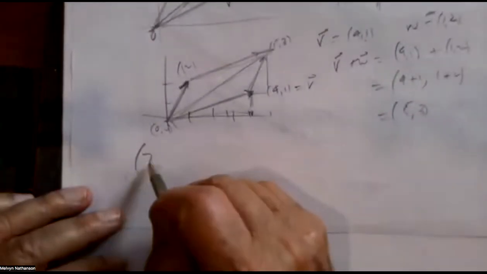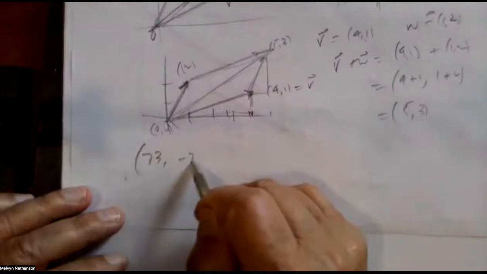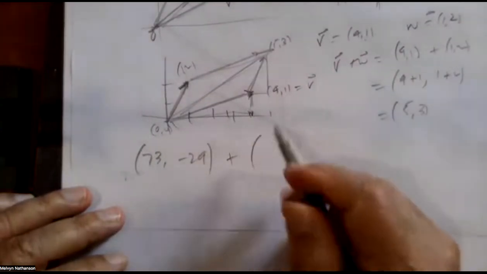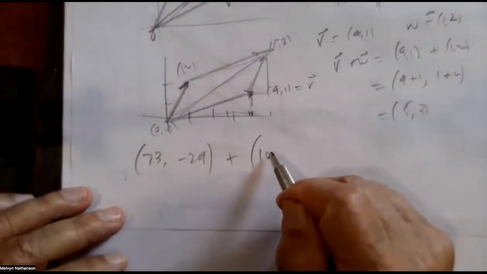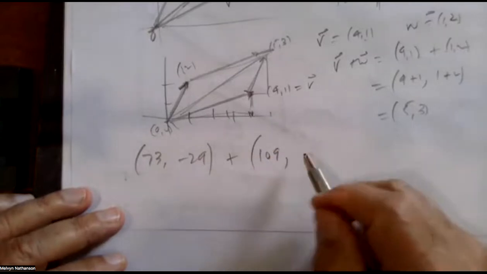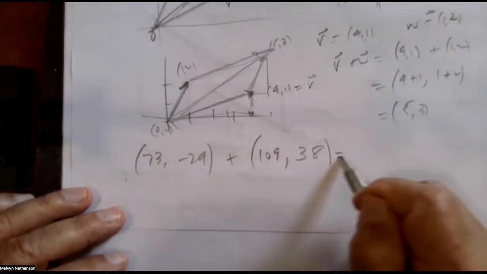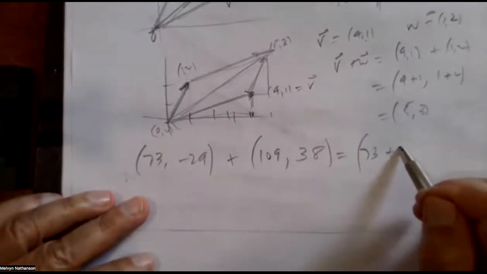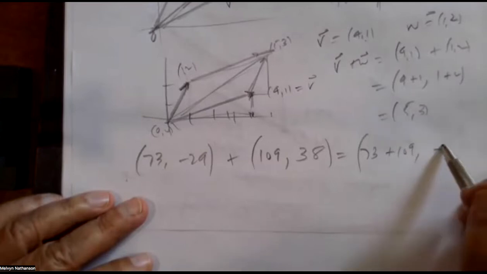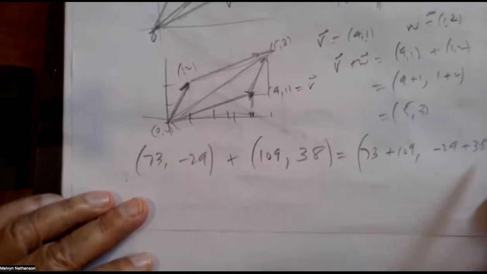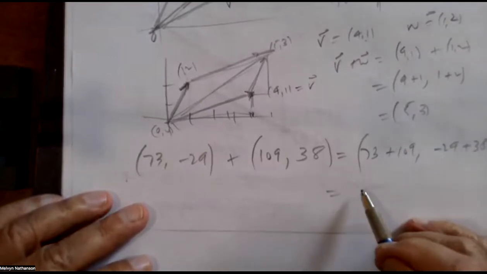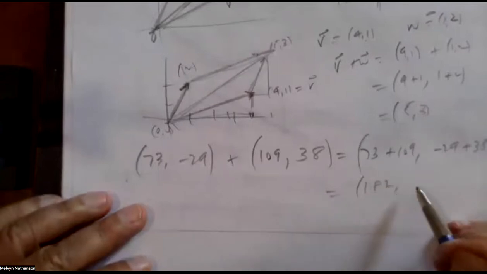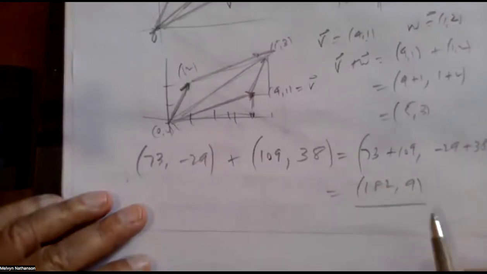If you had the vector (73, -29), and you're adding the vector (111, 109) and 38, you add coordinates. 73 plus 109, minus 29 plus 38. When you add these, I think you get 182 and 9.